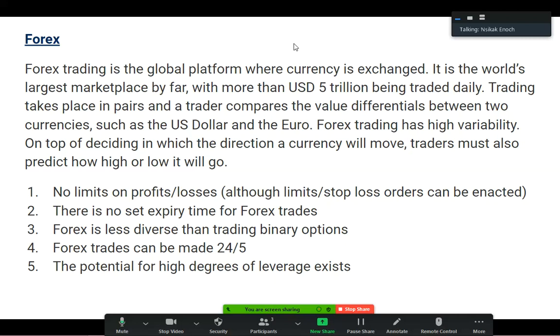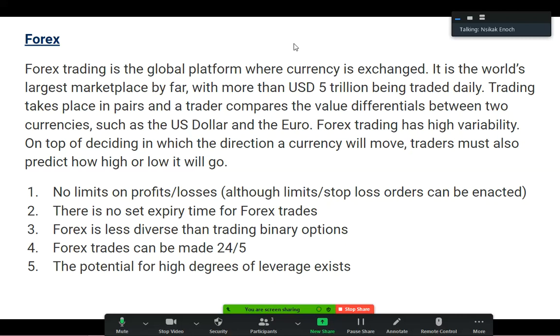Trading takes place in pairs, and traders compare the value differential between two currencies, such as the US dollar and the euro. Forex trading has a high variability on top of deciding in which direction a currency will move. Traders must also predict how high or low it will go.